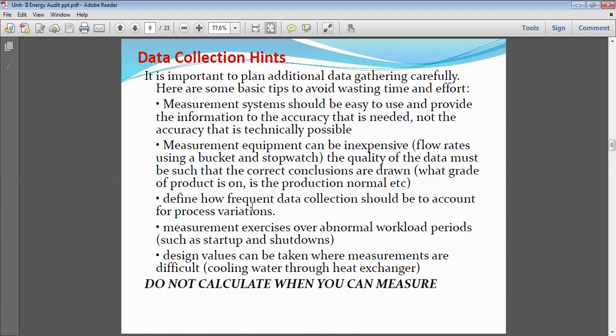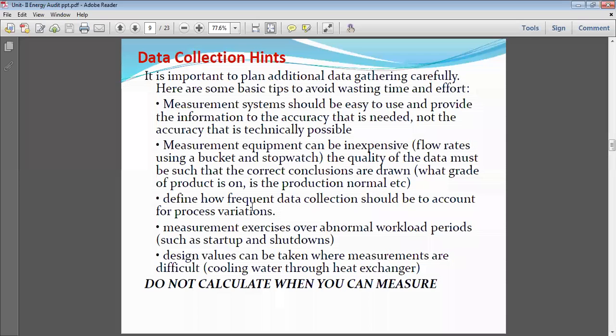Instead of installing a watt meter everywhere, we will use one portable watt meter, and with it we can measure the input of each and every machine. Suppose 50 motors, 50 pumps, or 50 compressors are there. Instead of connecting permanent meters, we can use portable meters, which help to analyze very easily.